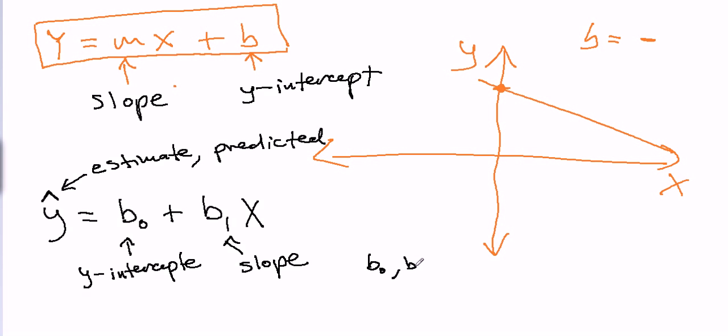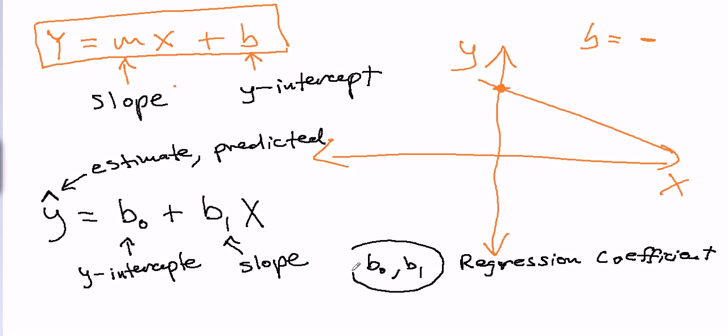b0 and b1 collectively are going to be called our regression coefficients. And b0 is the y-intercept, which I misspelled, and b1 is the slope. Remember that a slope, whether you call it b1 or m, is just rise over run.